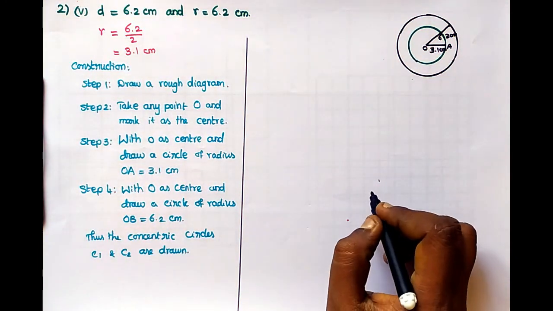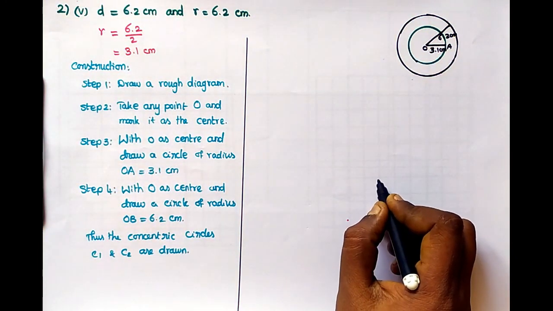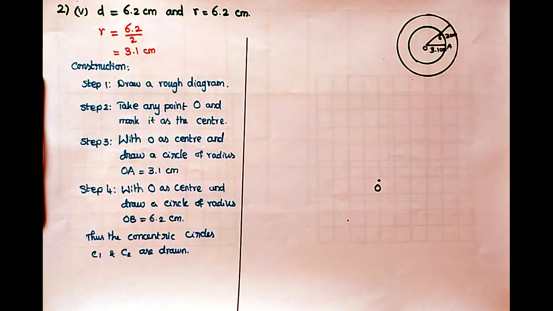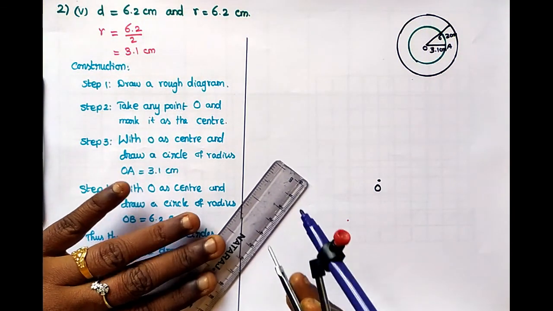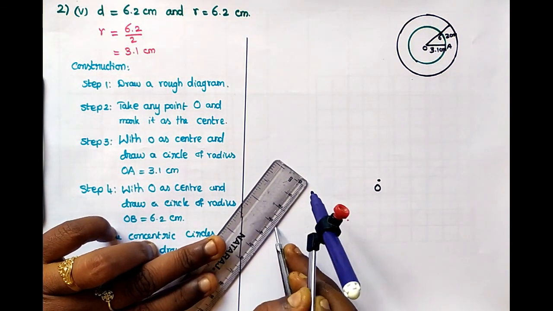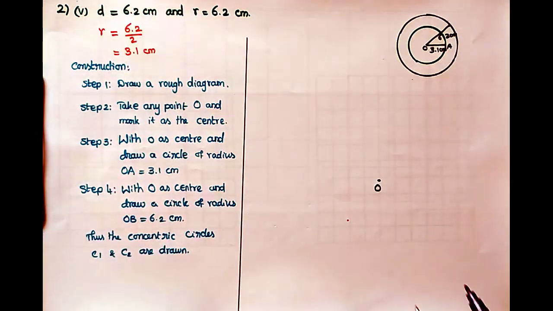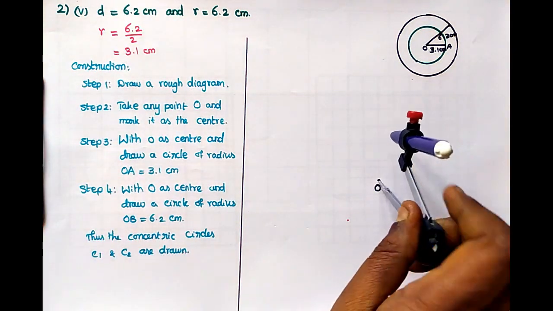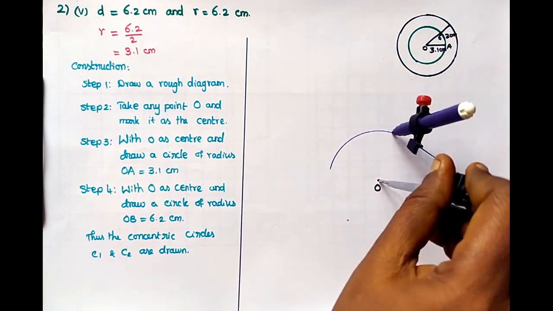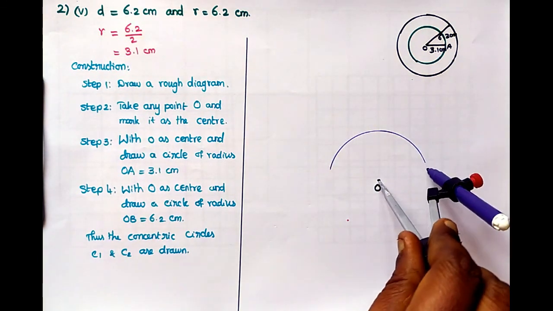And next step, take any point O and mark it as the center. Take your compass with O as center. Measure the radius 3.1 and with O as center draw the circle of radius 3.1.